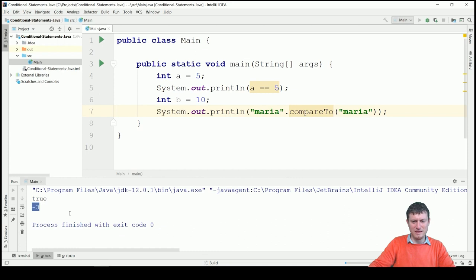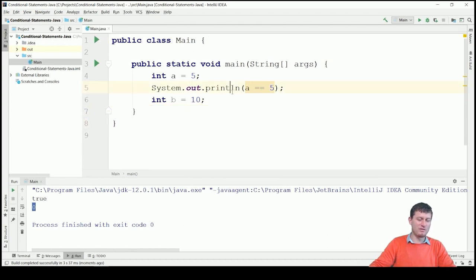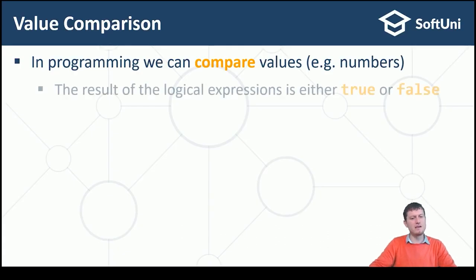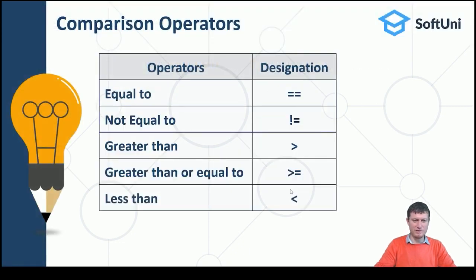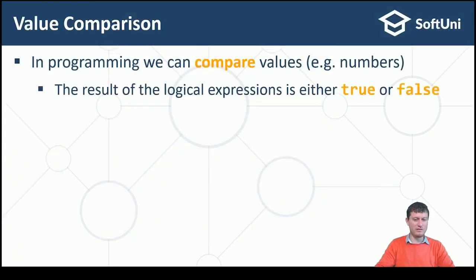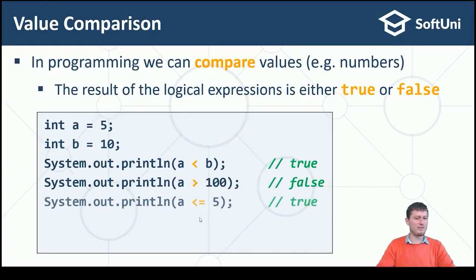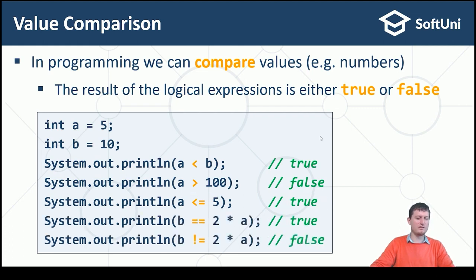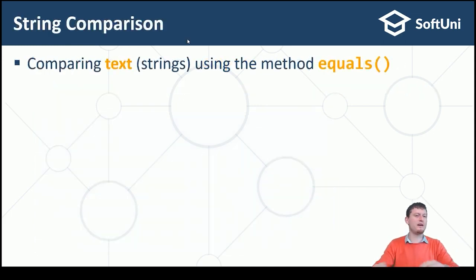If they are the same, it will print 0, which means equals. We will learn about string processing later. I just wanted to show you that we have comparison operators, and when we compare values using them, we can build conditional expressions like this one. This is called a comparison expression or conditional expression, and it is either true or false. We can use these expressions later to build if-else statements.